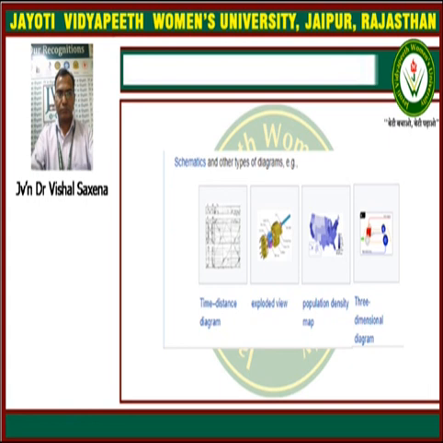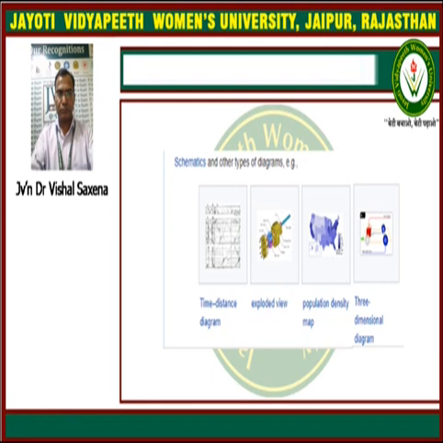Like if we take an engine and we have to explain its various parts, then we can show them there, and that is the exploded view. This exploded view gives the schematic view of the engine, so that's why it is called a schematic diagram.